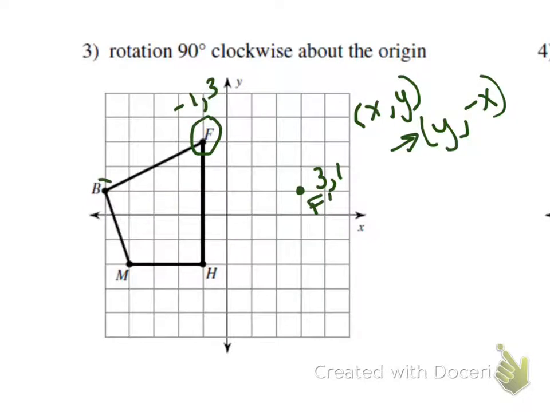My B is going to go from (-5, 1) to (1, 5).